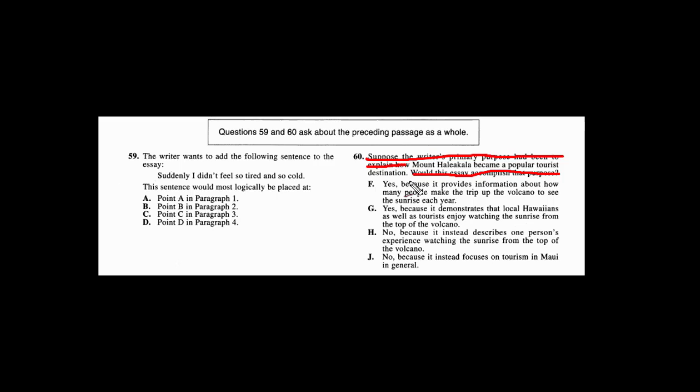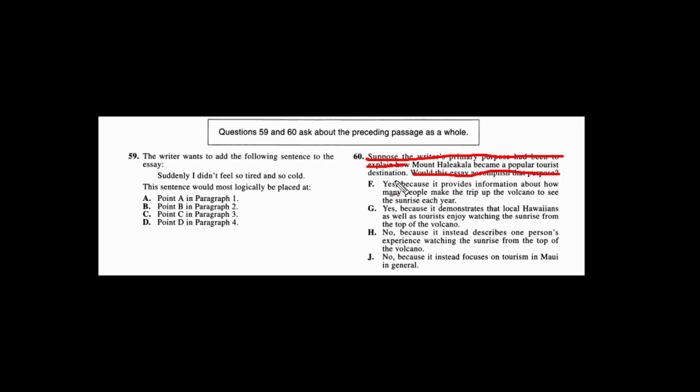Paragraph 2, supposedly a view from the most beautiful sunrise in the world at the summit of the dormant volcano. Doesn't really mention anything about tourists. Paragraph number 3, once we reached the summit and we parked our car, still no mention of tourists at all. Then we go down, it says at exactly 5:57, the sun made it over the clouds and so forth.